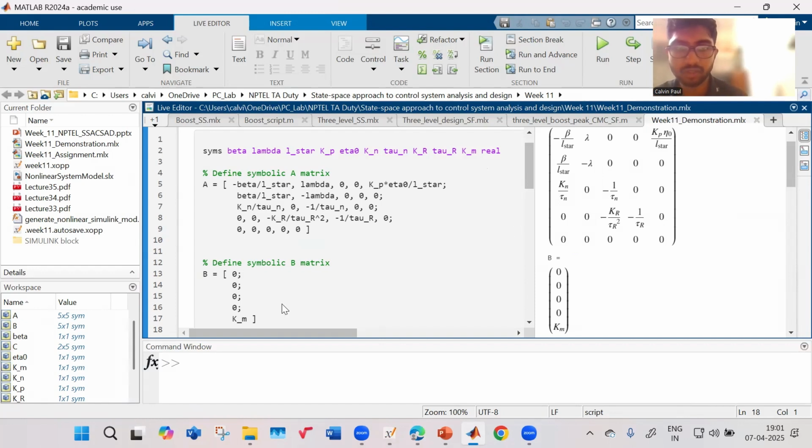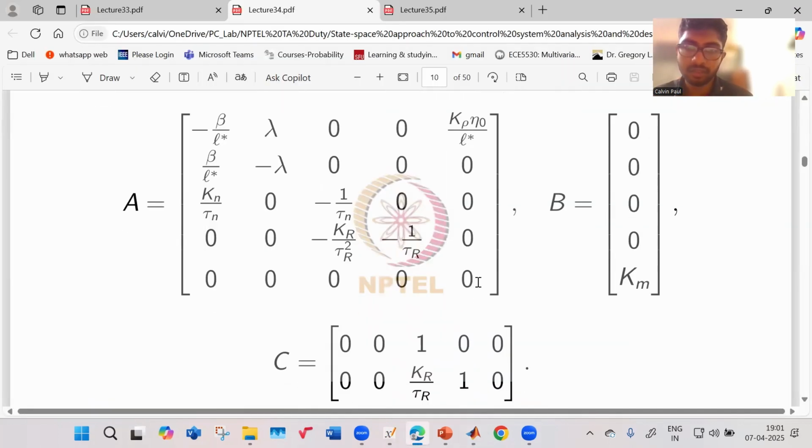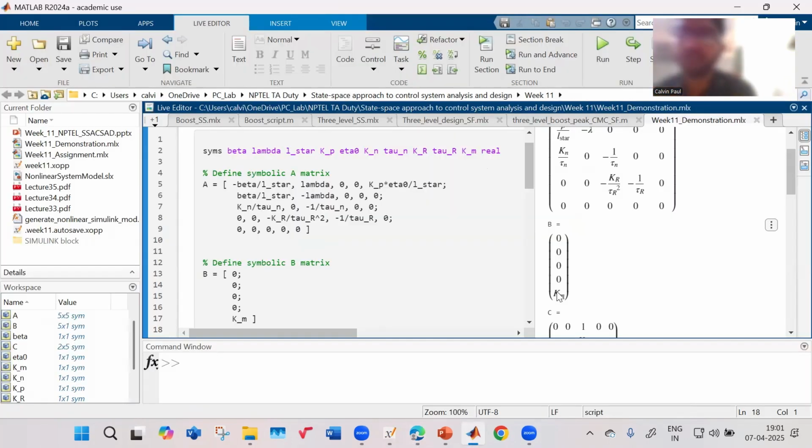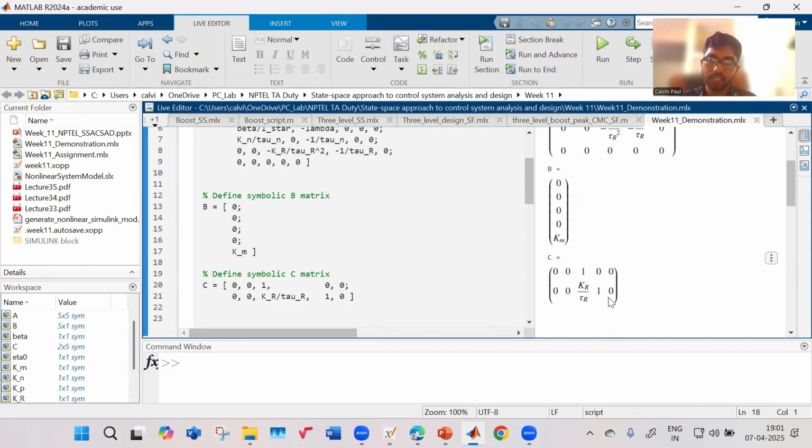The last row is all 0. The B matrix is given by four 0s, followed by Km. And the C matrix is 0, 0, 1, 0, 0, 0, 0, 1, 0, 0, and then 0, 0, Kr upon tau r and 0. It is the same.